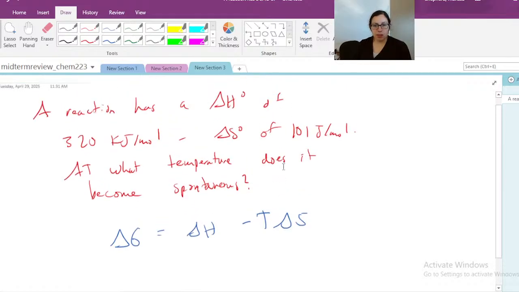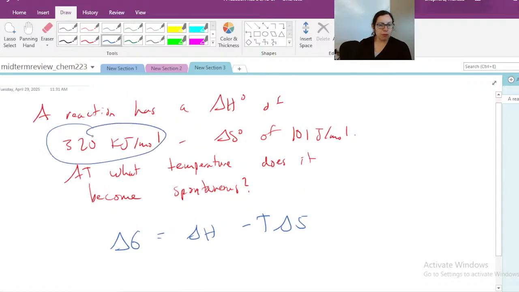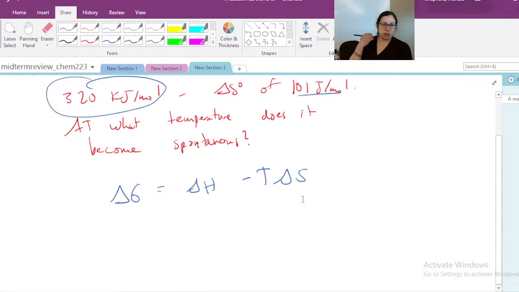And then, again, the main thing to watch out for was you have this kilojoules versus joules. So again, however you want to treat that, either multiplying this by 1,000 or dividing this by 1,000, either way. So we kept it in kilojoules, so 320 minus our temperature times 0.101.